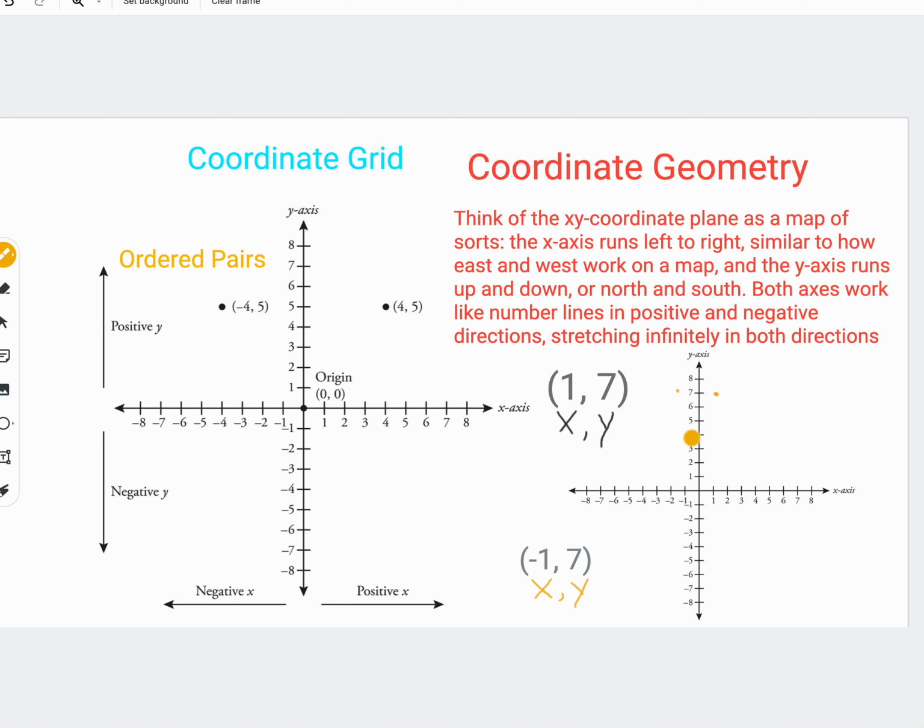We'll plot our point here. Now we see negative 1, 7 as a point and positive 1, 7 as a point.